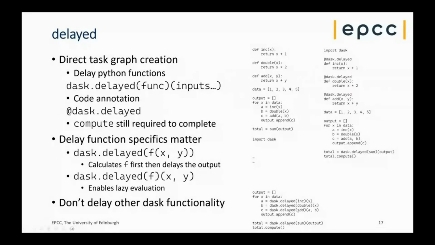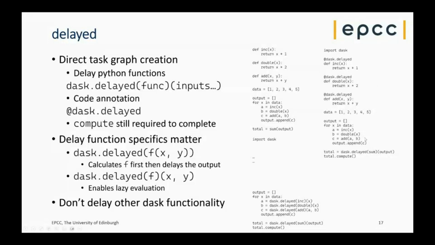So there we are marking each function. We are wrapping each function call in a delayed function call, and that will add it to the graph. Or on the right hand side, we've got doing the same thing but using this decorator instead. This decorator is a thing which, when it's parsed by the Dask library, will say, okay, create every version of these functions that's called as a delayed function.